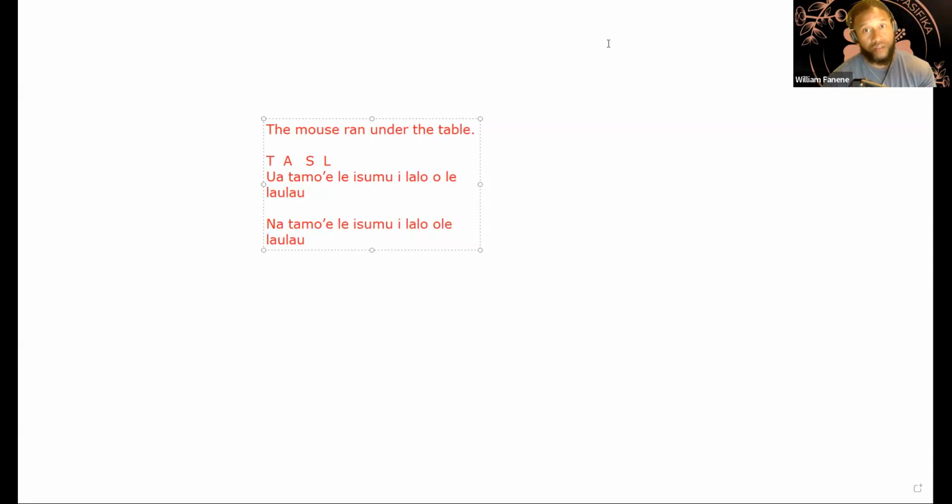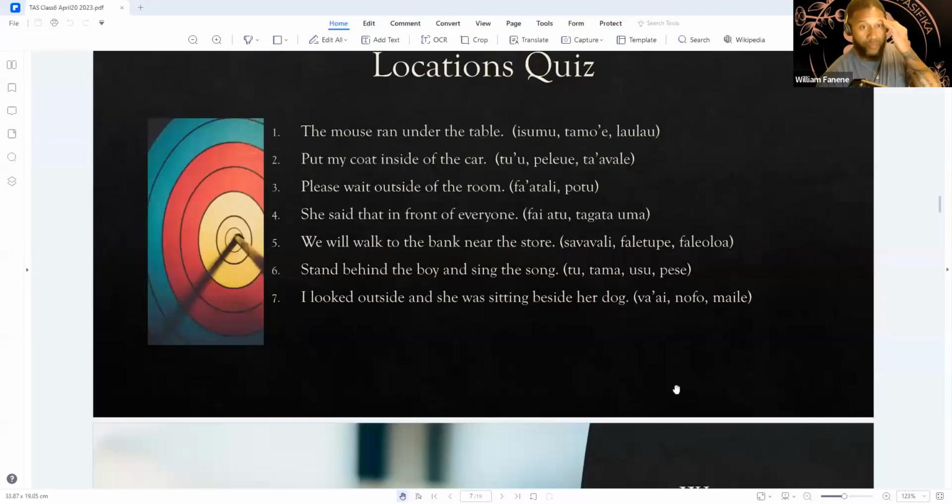Let's do another one. Put my coat inside of the car. Okay. Tu'u, there's a few ways we can say this. We'll just use tu'u. That is to put, to set.